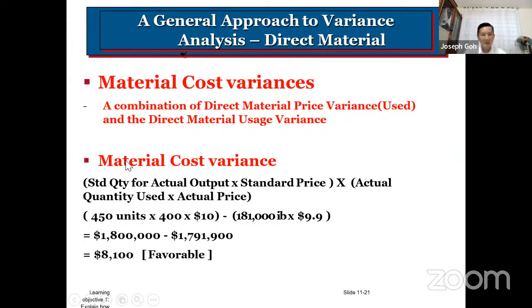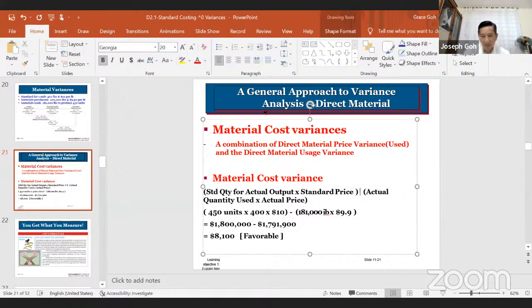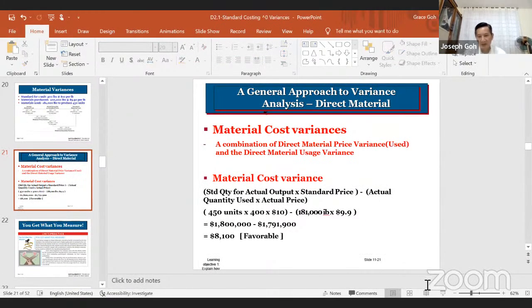What is the simple combined formula for the cost variance? It is the standard quantity for actual output, that means you already set the standard, times standard price. That's a typo error, sorry for that. Let me change. Okay, now it's good.